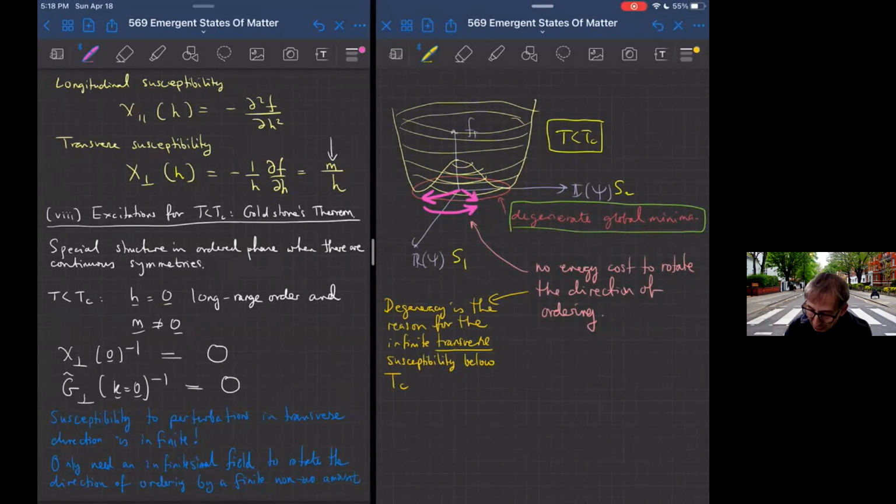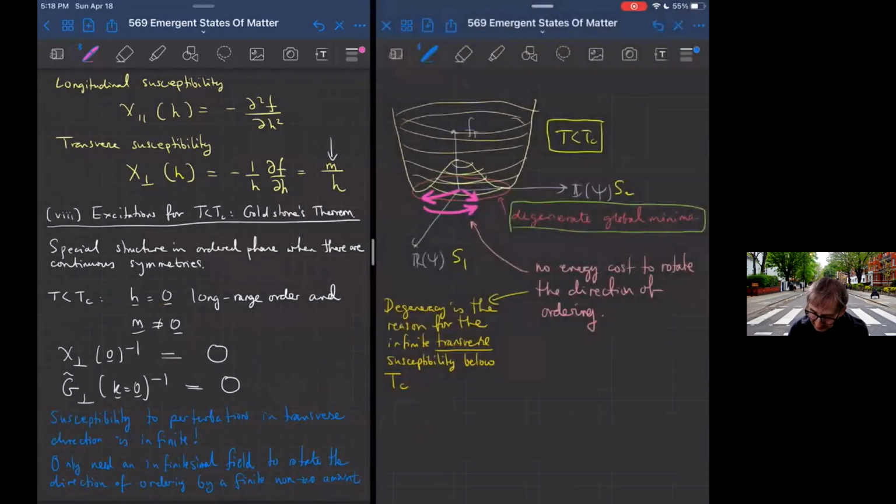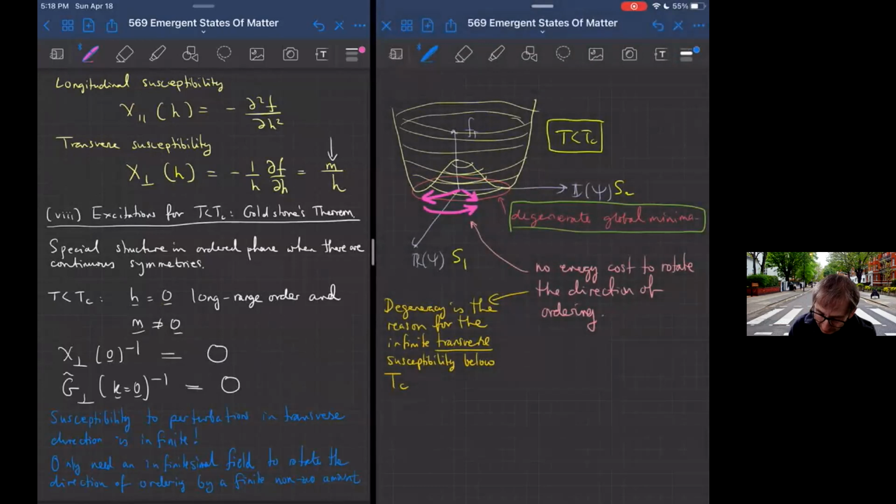Well, what about the longitudinal susceptibility? So let's go and look at the longitudinal susceptibility. And let me, how about we try this color, and let's make it big so you can see it. Okay, so now let's ask what happens if I make a longitudinal variation. So a longitudinal one would be like this. I have my vector like this, and now I want to make it longer in the same direction, or shorter, if you like. So you can see that in that direction, if I go either longer or shorter, then I will raise the energy of the system.